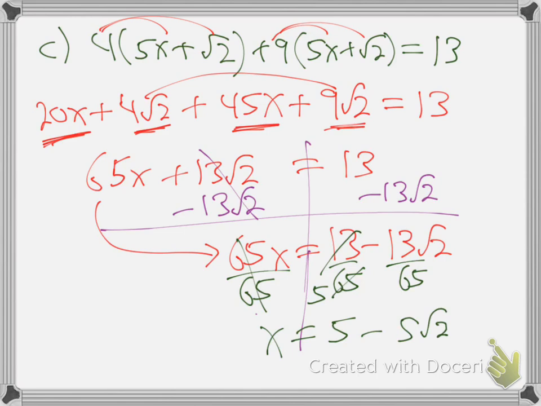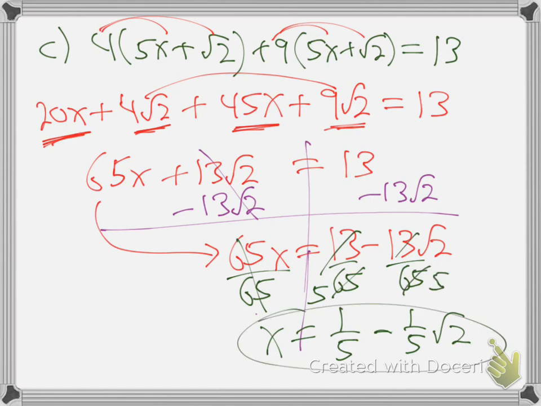No, I see that sometimes. What's wrong with that? Yeah, the 5s are on the bottom, aren't they? So watch out. Make sure you keep them where they're at. The 5s are on the bottom, so it's 1/5 minus 1/5 root 2. Right? Because the 5s are on the bottom. That matters. And there we go. We got x alone. This good? You remember all this algebra stuff?